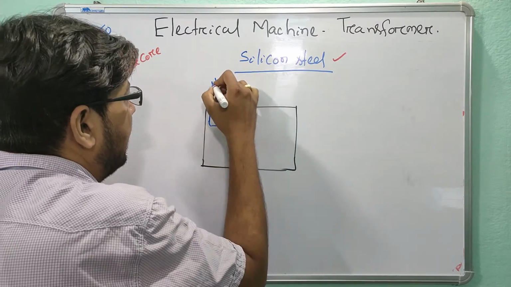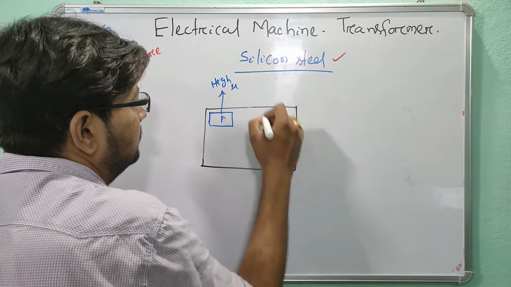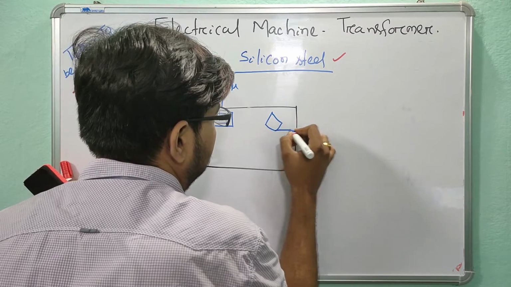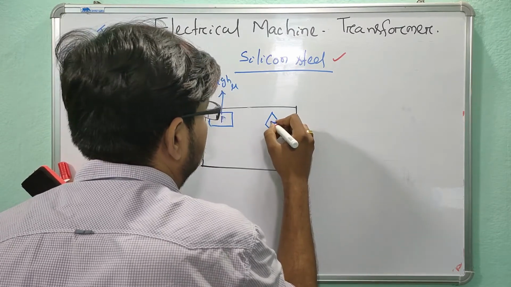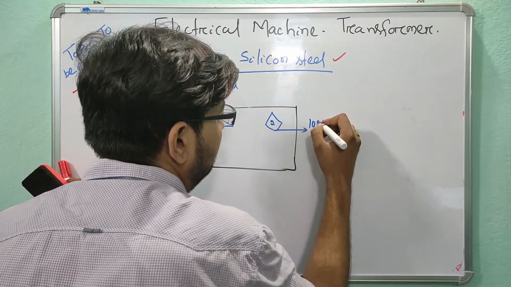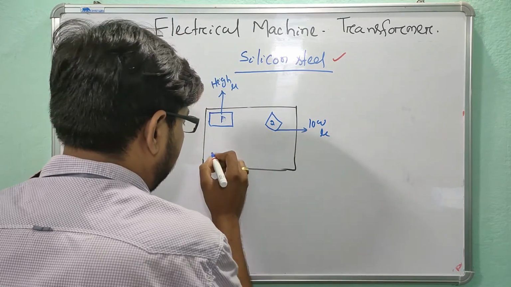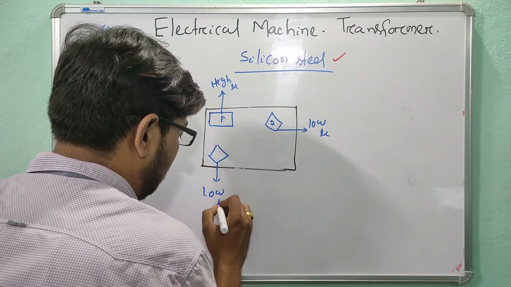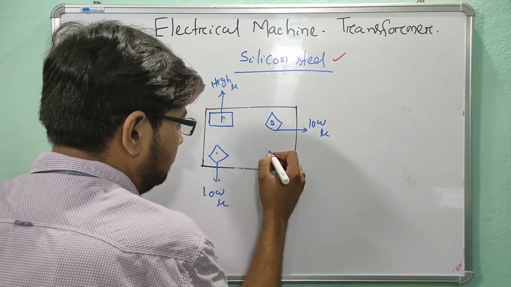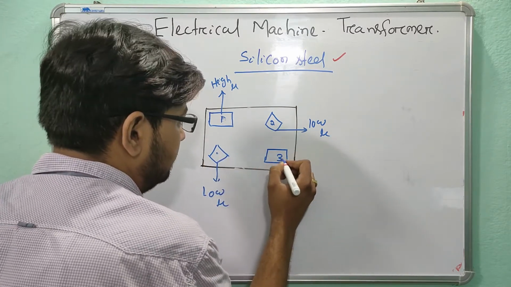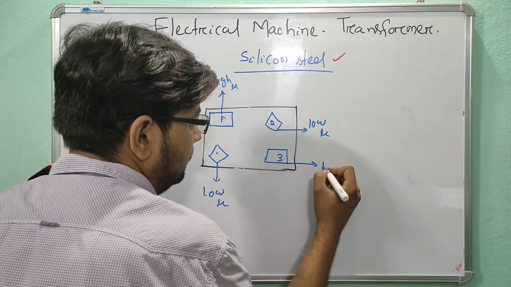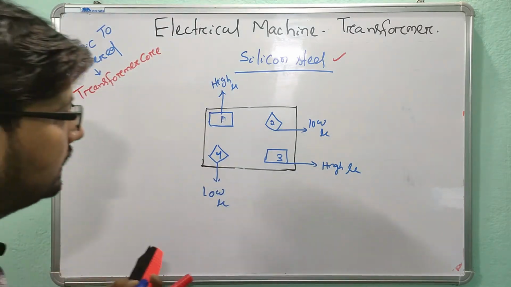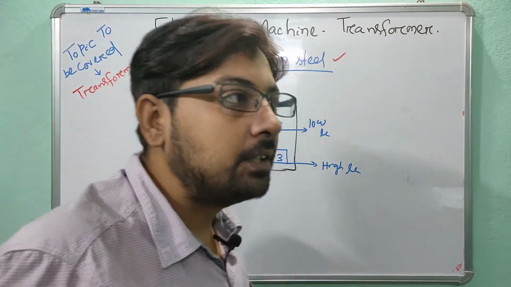It has high mu, then low mu, low mu 3, high mu 4. This is the structure of my silicon steel cubic structure.